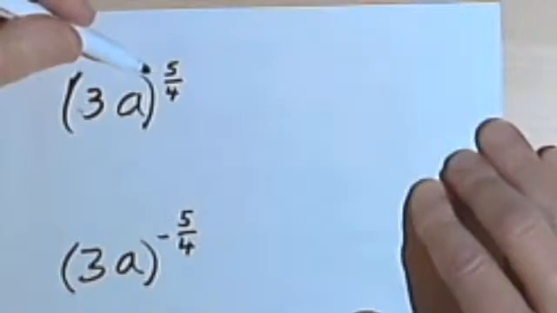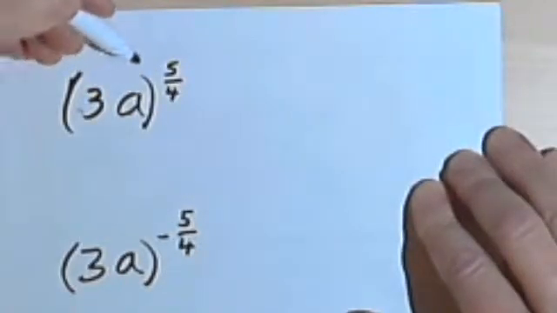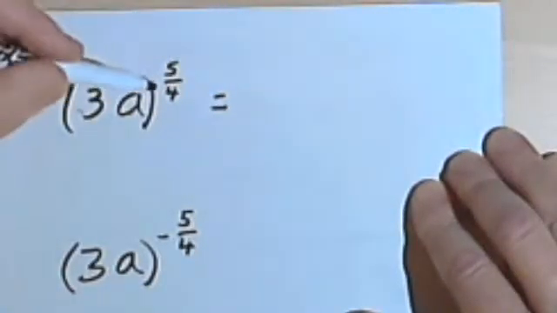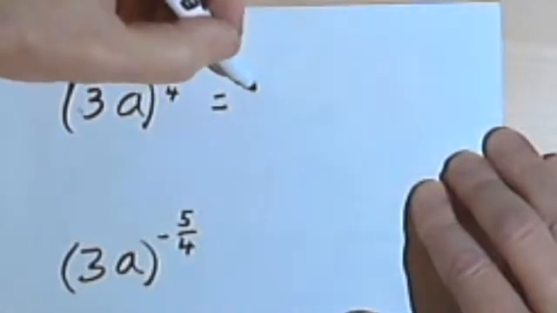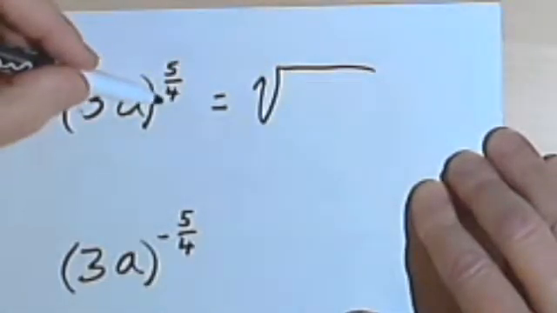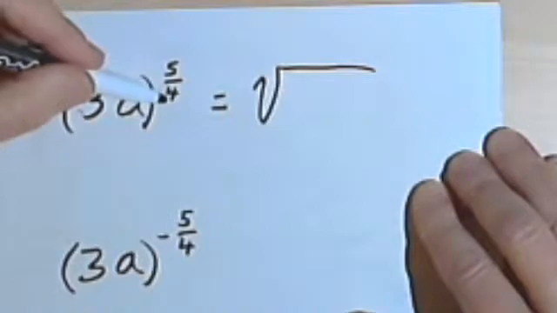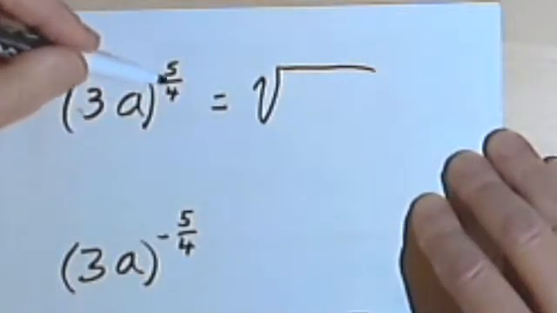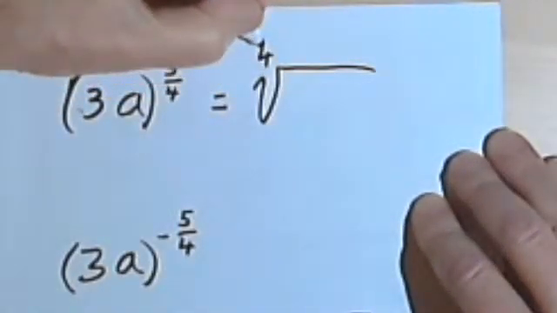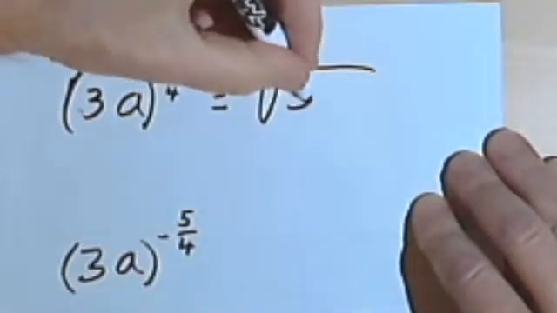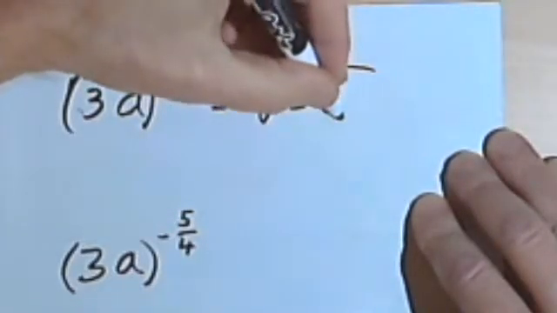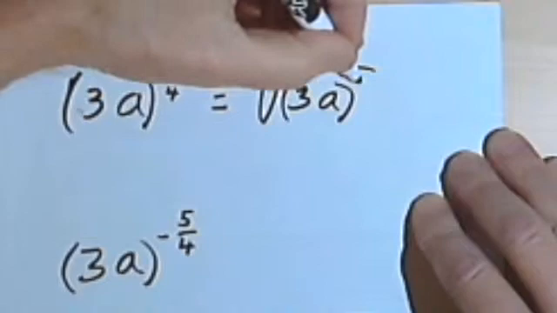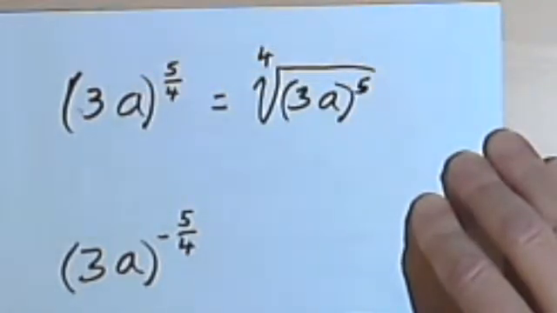And what I want you to see is there's two ways to do this. Of course, we could say, all right, I'm going to have a radical sign, and the index is going to be this 4, the denominator of my exponent. So I'm taking the fourth root of 3a, that whole thing, to the 5th power.